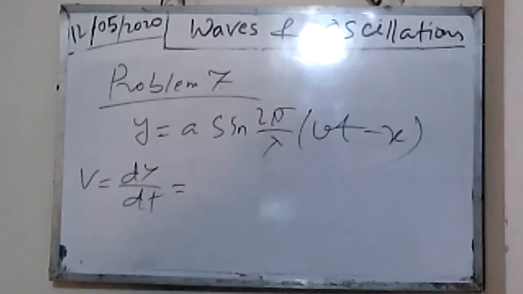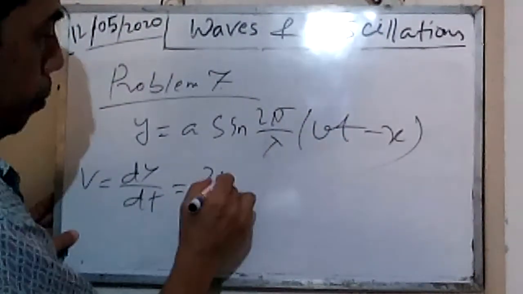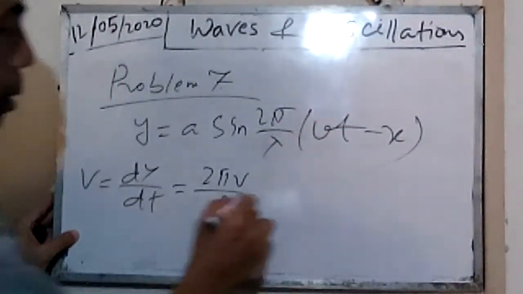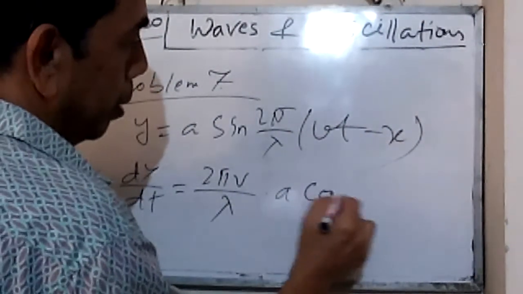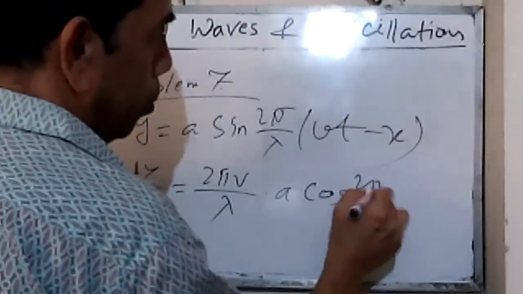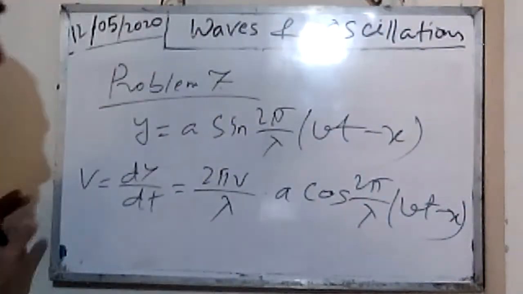This is the particle velocity: 2 pi v by lambda into a cos 2 pi by lambda (vt minus x).